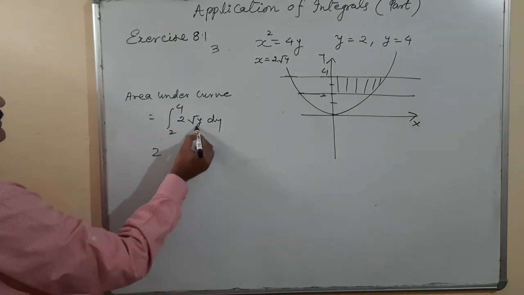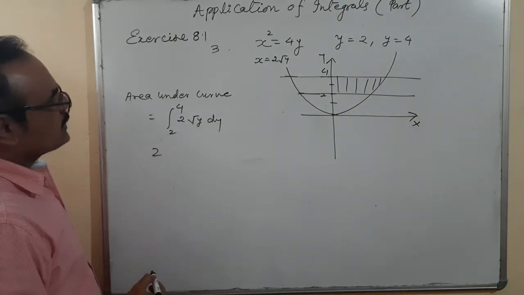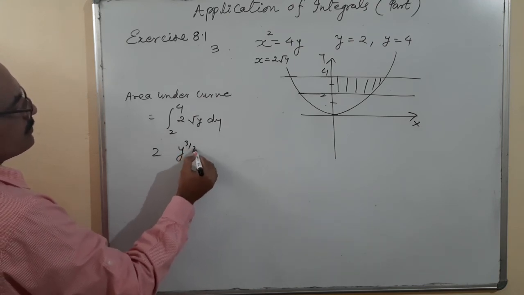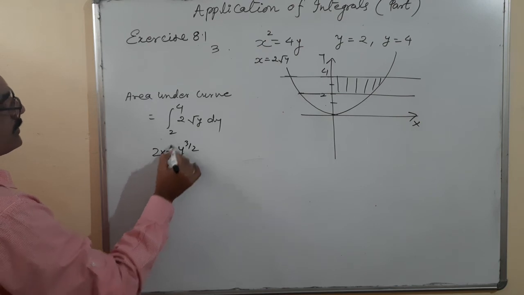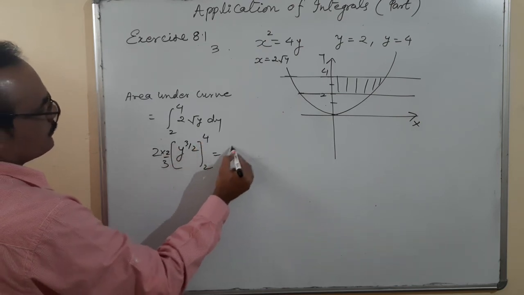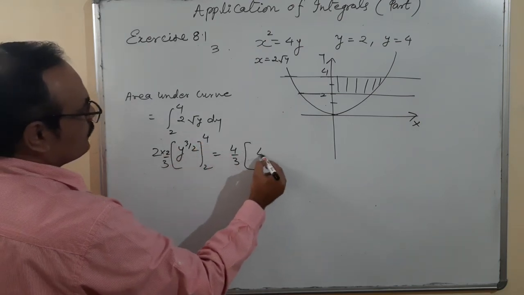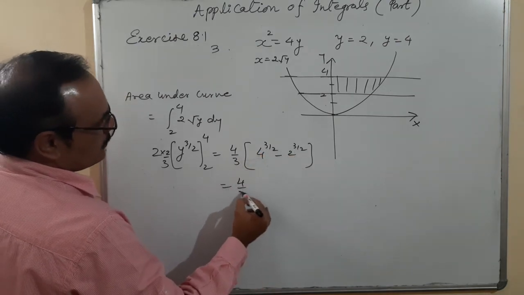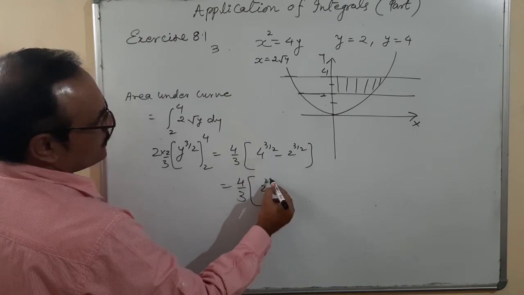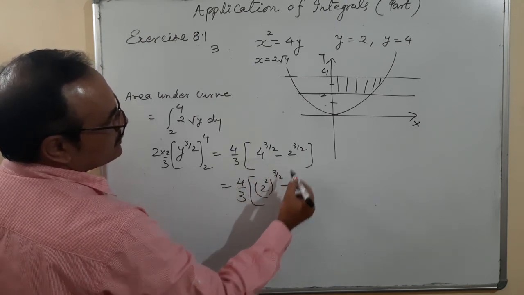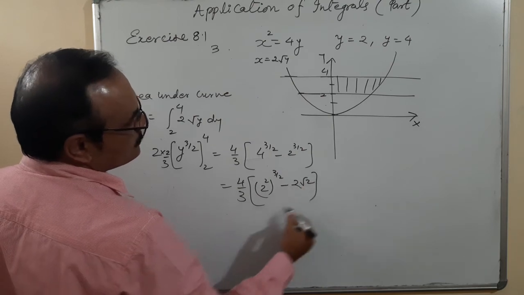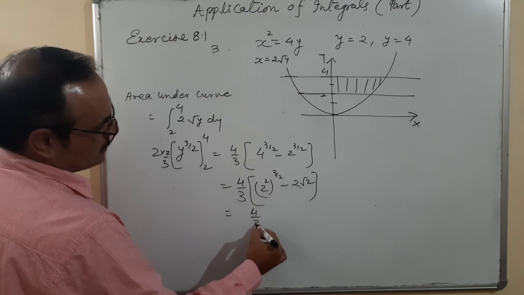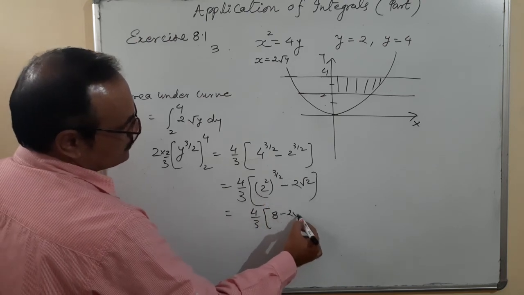2 is outside, under root y, integration of under root y with respect to y, it's y to the power 3 by 2 upon 3 by 2, that means it is 2 by 3, limit 2 to 4. 4 upon 3, 4 to the power 3 by 2 minus 2 to the power 3 by 2. 4 upon 3, 2 square to the power 3 by 2 minus 2 to the power 3 by 2, may I write here 2 root 2 because 3 by 2 is 1 plus 1 by 2. 2 to cancel, 4 upon 3, it is 8 minus 2 root 2.